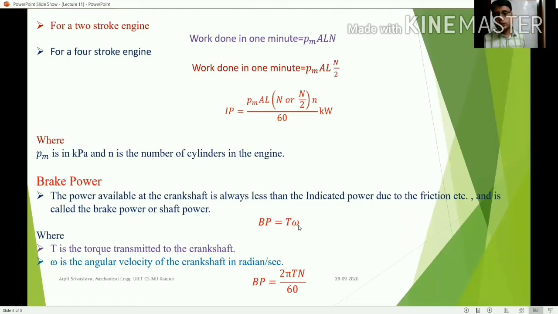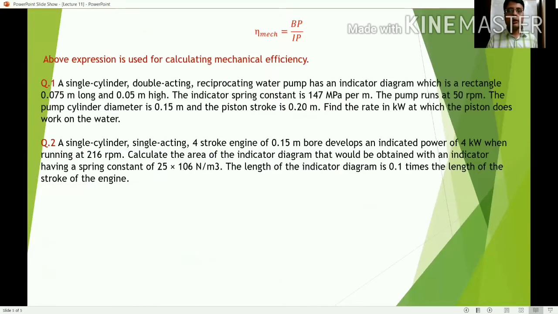Okay, that is the relationship between angular velocity and rotation. So we put this value in the second expression in place of omega, and finally we get the value of brake power. Okay, so this is the expression for calculating brake power.